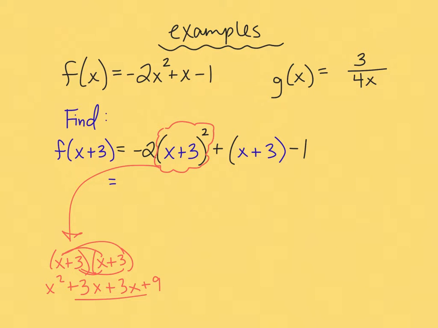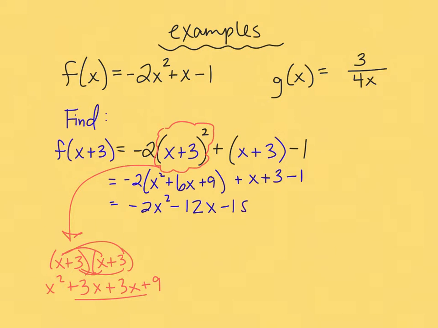All right, so going back to our original problem, we have the -2, and then in here I'm going to write what it is. It's x squared plus 6x plus 9. And then I'm just going to drop the parentheses here. And then in our next step, we can distribute the -2 through these 3 values.